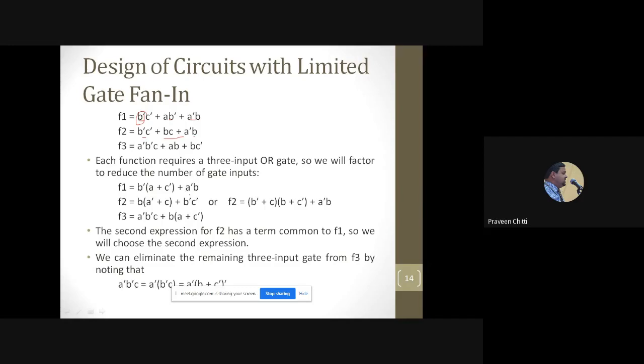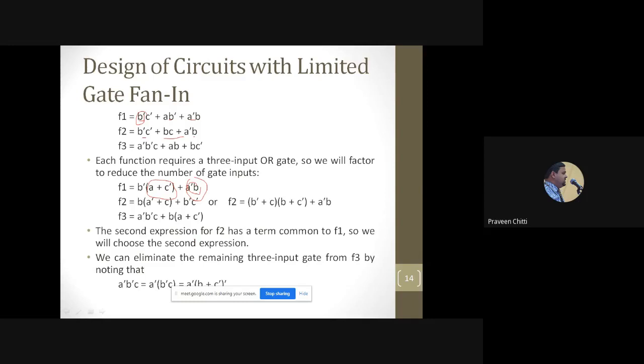Now this term can be implemented using one 2 input gate, and then again an AND operation. So we don't have anywhere more than 2 terms coming. This is one term, then you are taking the AND operation with this. Whatever terms you get, this and this, you will be ORing. So everywhere we have only 2 terms. So definitely it can be implemented using only 2 input gates.